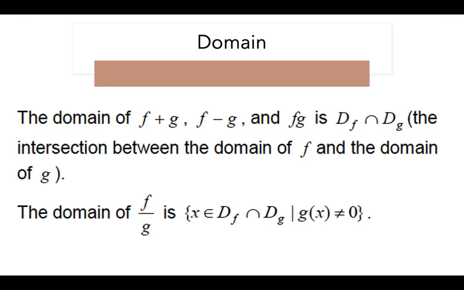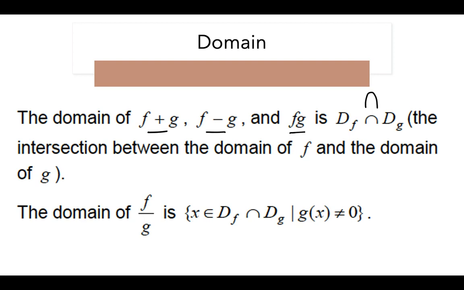Now, they may ask you, what about the domain of a combined function? If you were to add, subtract, or multiply functions, the domain of the f function intersects with the domain of the g function.